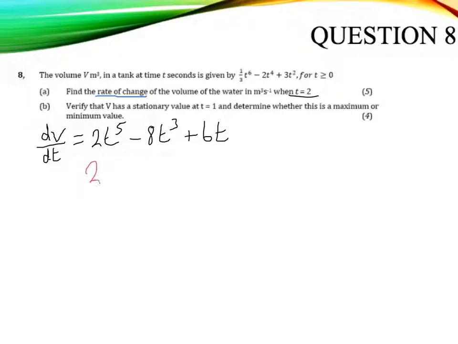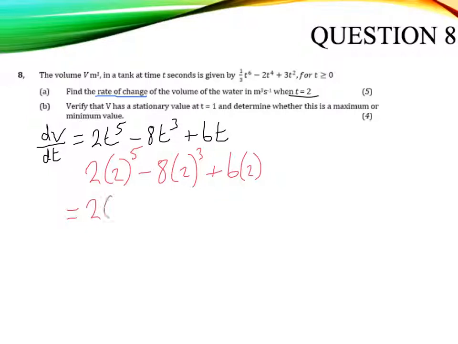So I've got 2 lots of 2 to the 5, minus 8 lots of 2 cubed, plus 6 lots of 2. 2 to the 5 is 2 times 2, which is 4, times 2, which is 8, times 2, which is 16, times 2 again, which is 32.